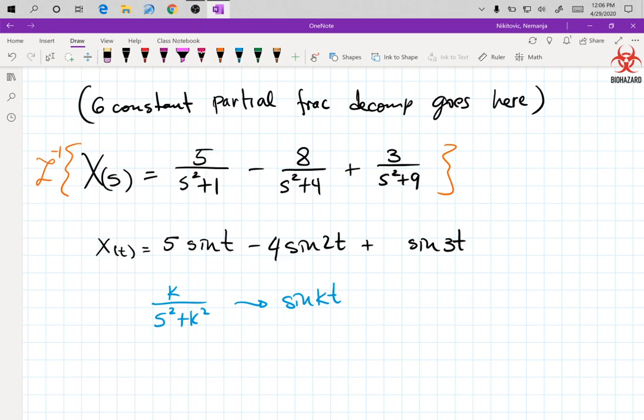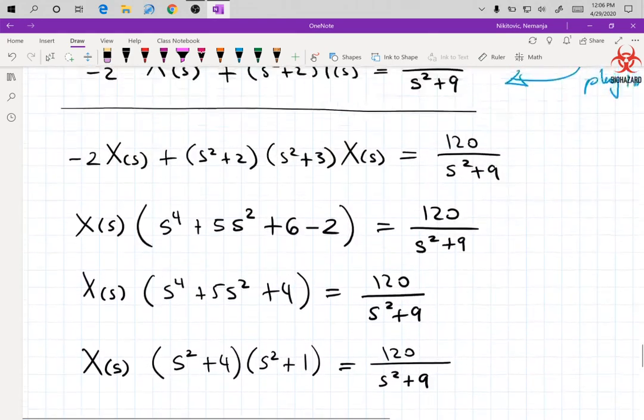And now we do the y, because that was just x. We need to solve for y, and we have the function here for y.